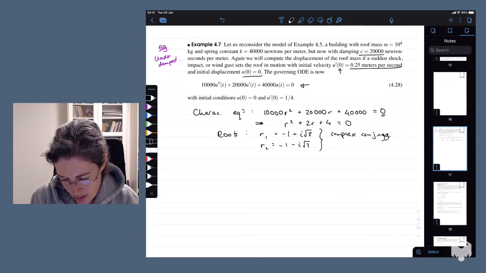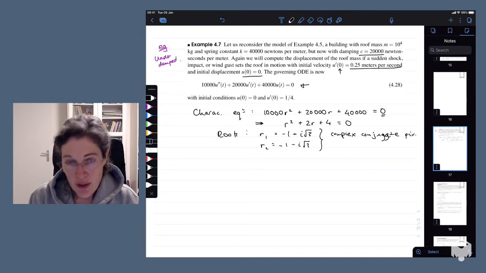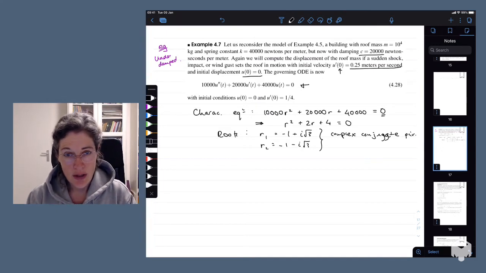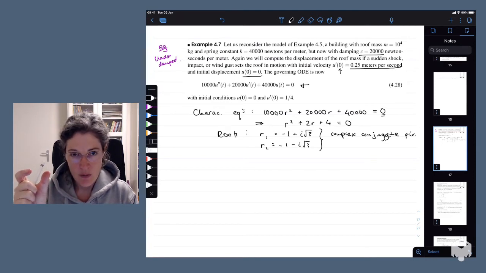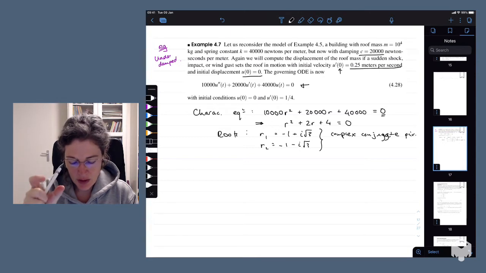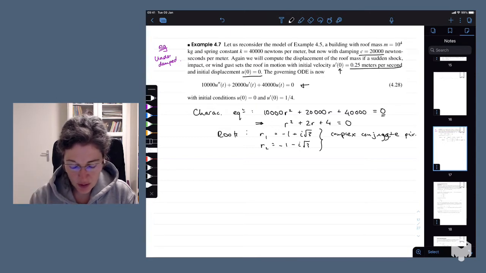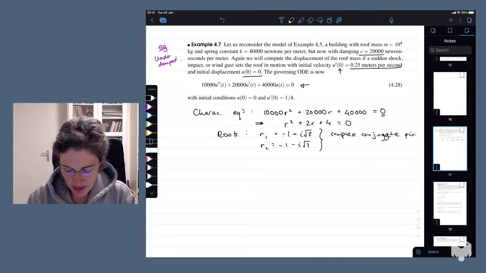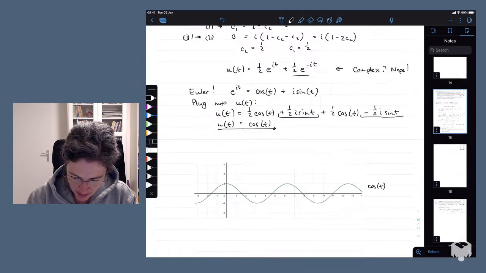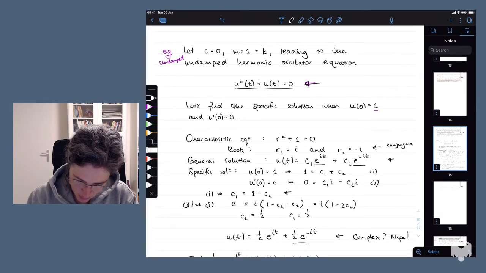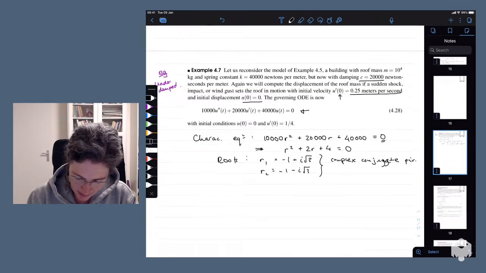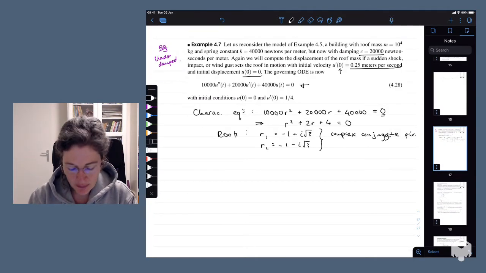If you're doing something like this and you don't get a complex conjugate pair, you've done something wrong, because the solutions to a quadratic, when both parts are imaginary, will be a complex conjugate pair. We already saw that in the previous case, our undamped case, and we're seeing it again here. So that's just a little mental check to have.